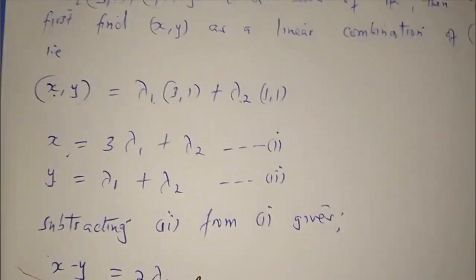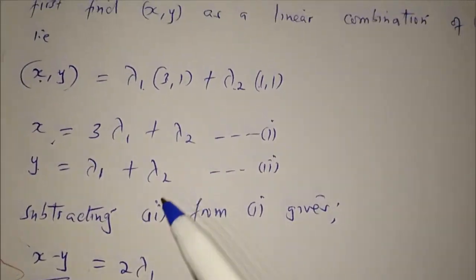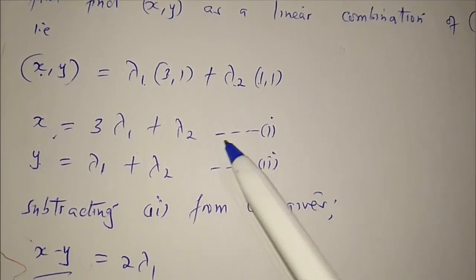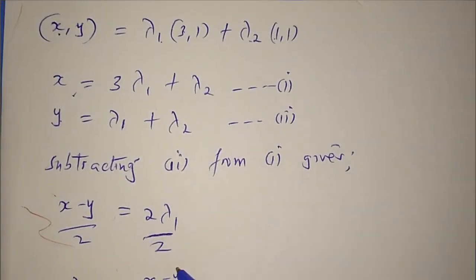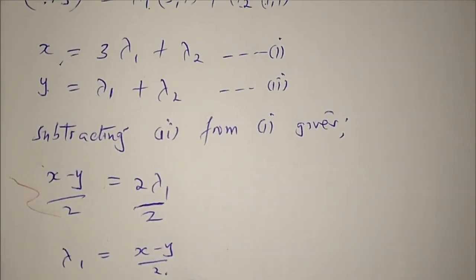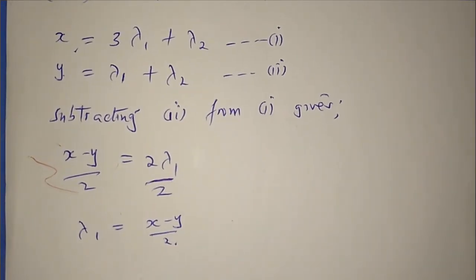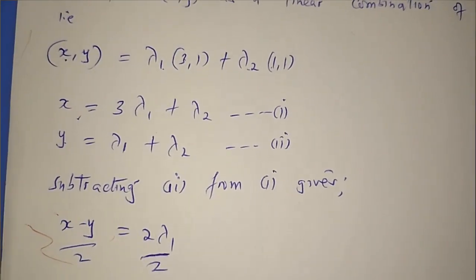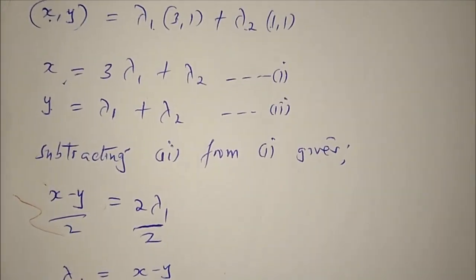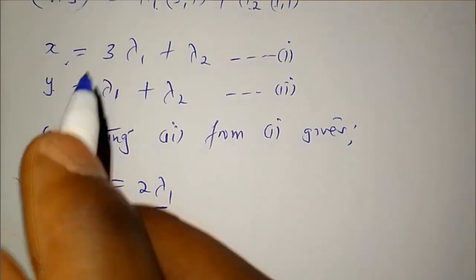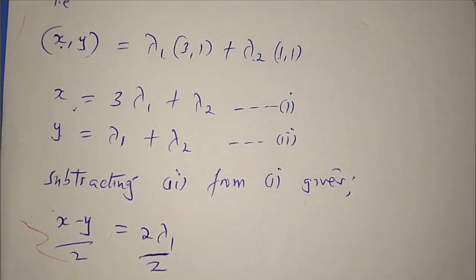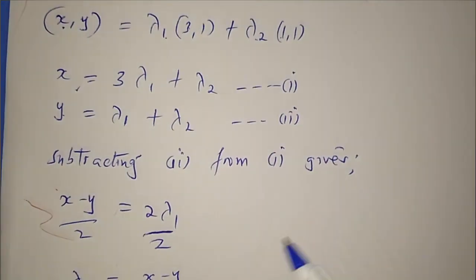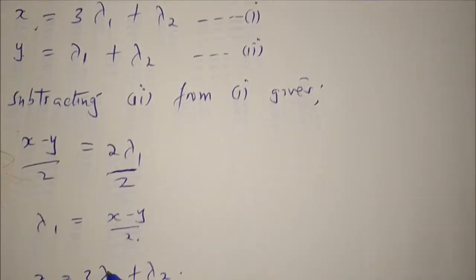In order to determine the value of lambda 2, we take one of these two equations, equation 1 or equation 2, then we substitute lambda 1 with (x minus y) over 2. Let's take the first equation, x is equal to 3 lambda 1 plus lambda 2.